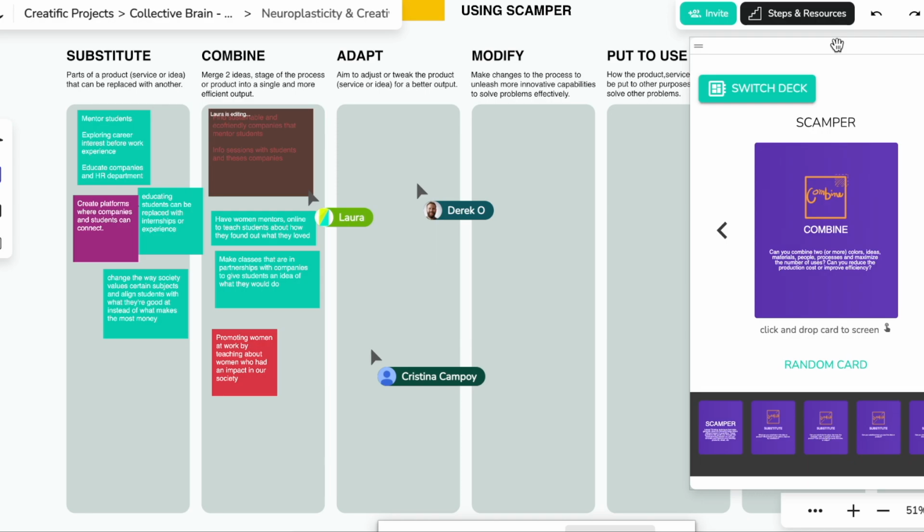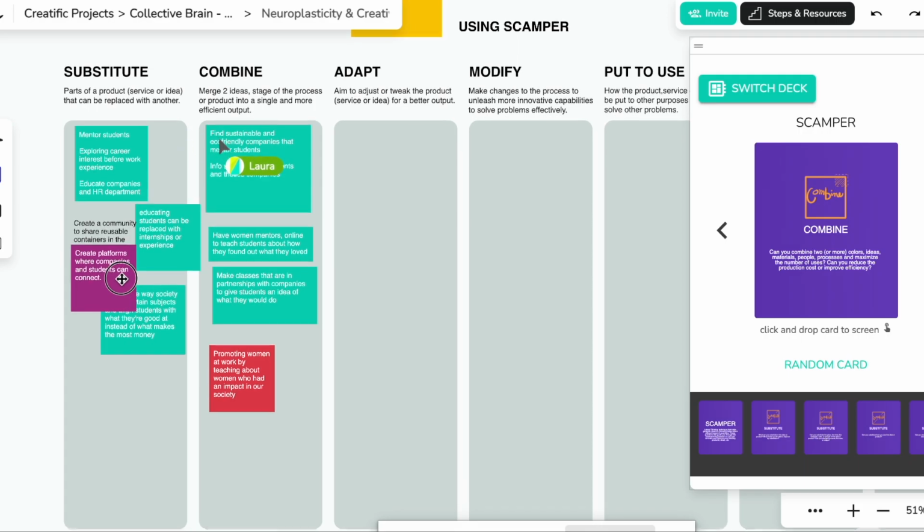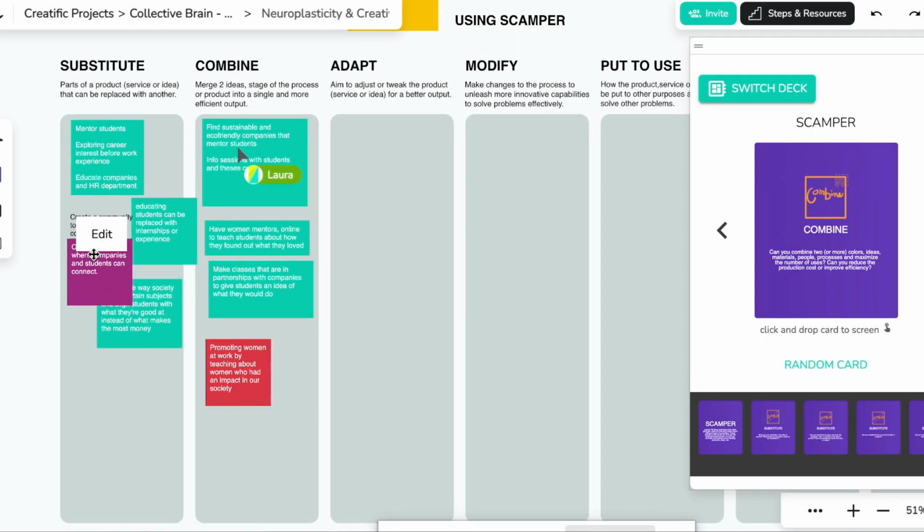Yeah. First idea I had, I just combined stuff. So women mentors online who are doing things that they love and basically just teaching the other women in schools. But I think the more interesting combination option is to combine classes with companies.